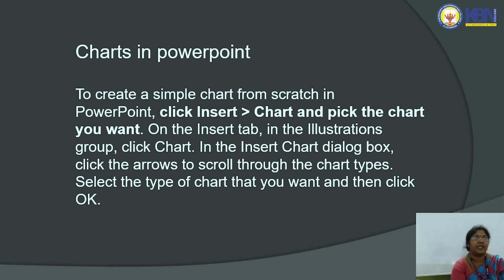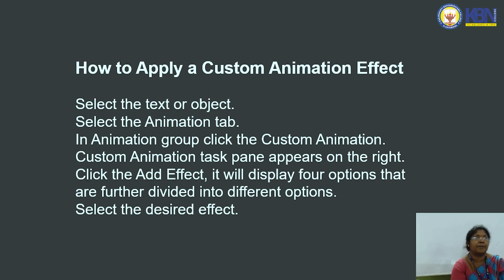Okay, after making the charts, we can apply a custom animation or effect to a particular object, whatever the object may be: pictures, content, shapes or charts. So we can apply the animation for that.